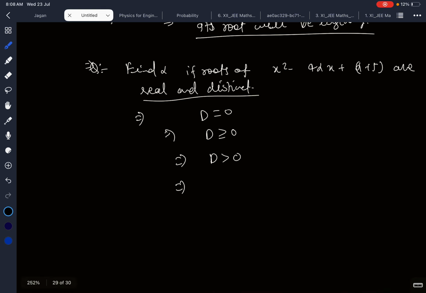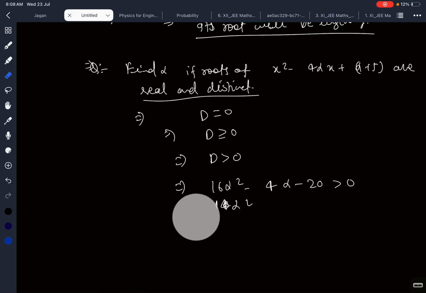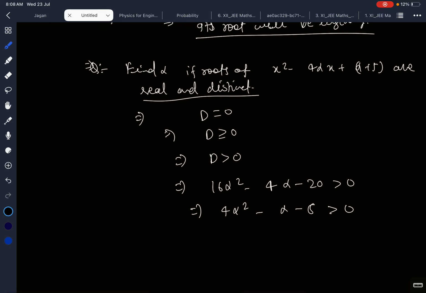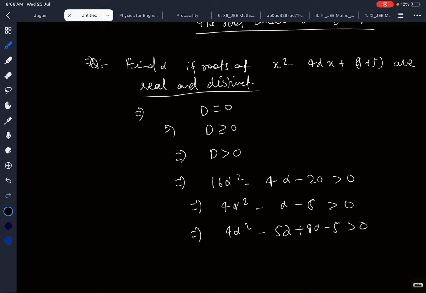So d we have 16 alpha square minus 4 alpha minus 20 should be greater than 0, which implies that 4 into alpha square minus alpha minus 5 should be greater than 0, which implies that 4 alpha square minus 5 alpha plus 4 alpha minus 5 should be greater than 0.